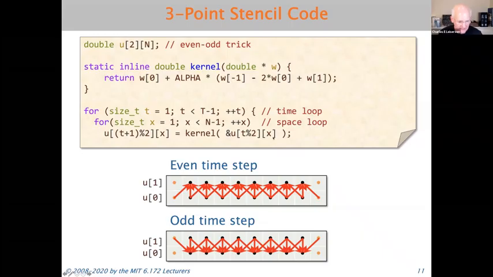This one, though, I think is simple, because this is an index. It's the index of u of t mod 2 and x. So if we have these two things, it basically gives you a pointer to exactly that point.